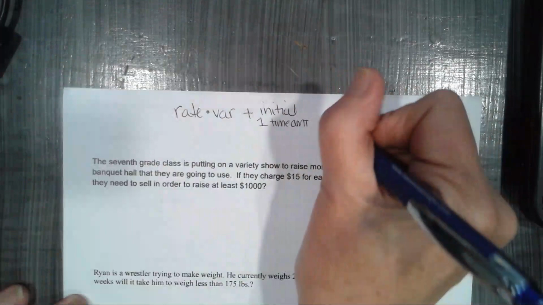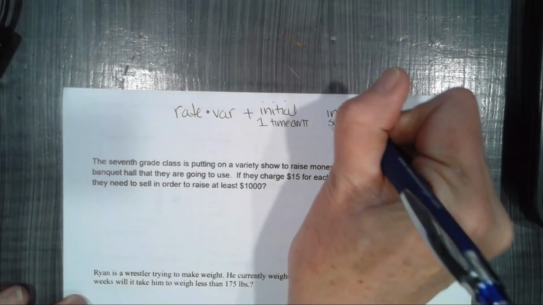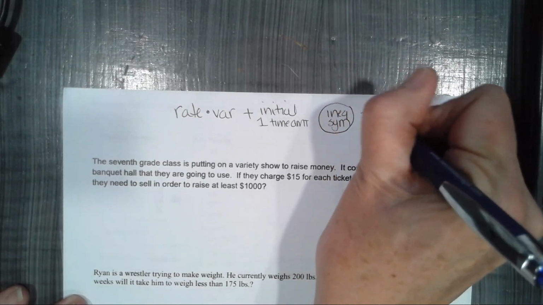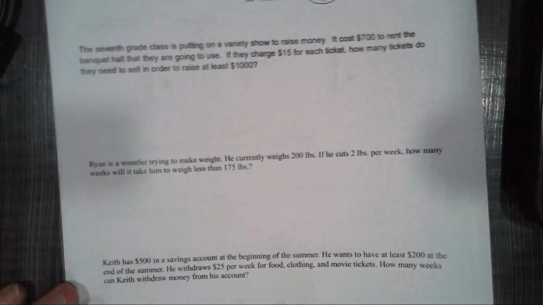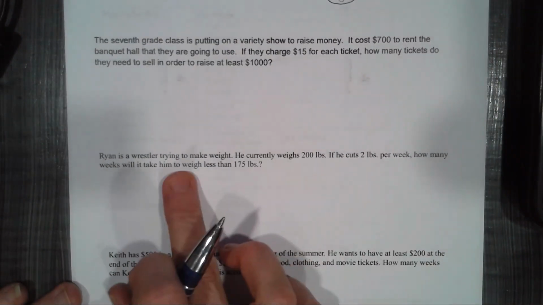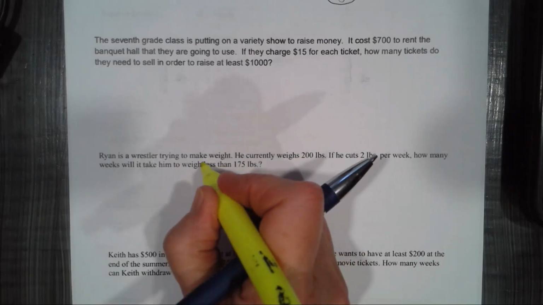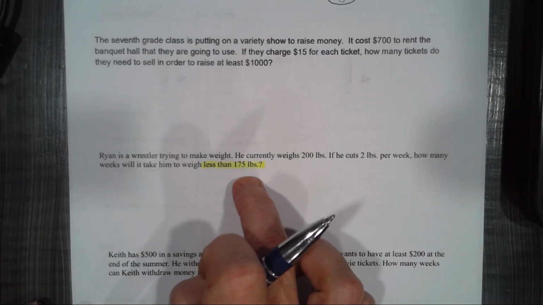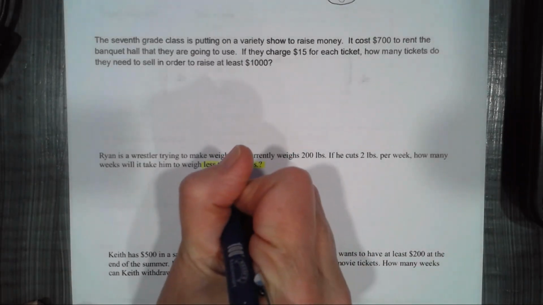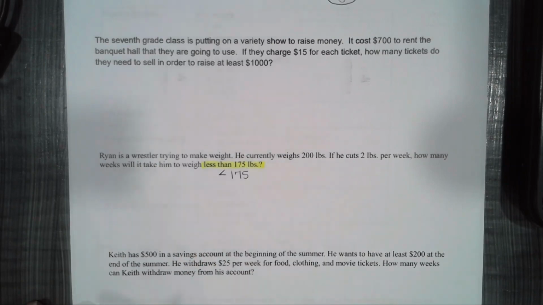And then we've got our inequality symbol, and then our total. So again, I always like to find my total and my inequality symbol first. So, how many weeks will it take him to weigh less than 175 pounds? So this is my total and this is my inequality symbol. This is less than 175 pounds.